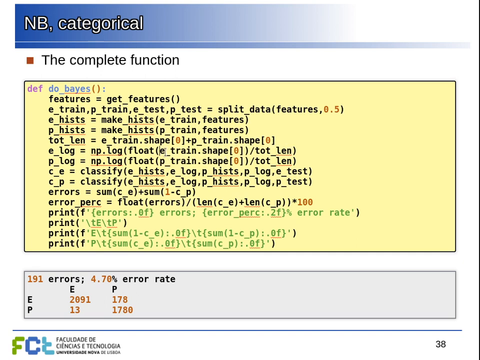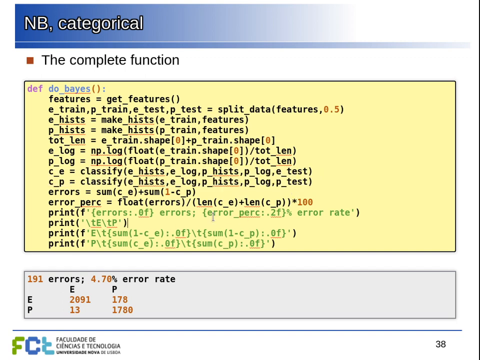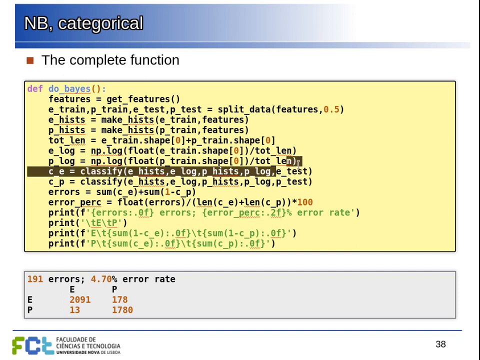This gives us the fraction of edible mushrooms, the fraction of poisonous mushrooms, and the logarithm of that will be the logarithm of the prior probability. Now we can classify for the test set all the mushrooms that we have here, both the edible and the poisonous, and now we can compute the errors.